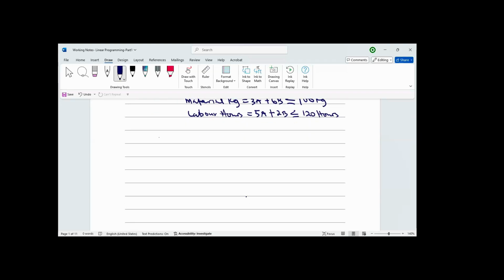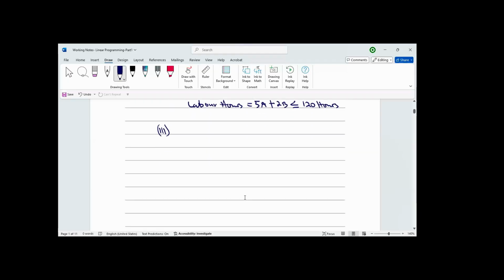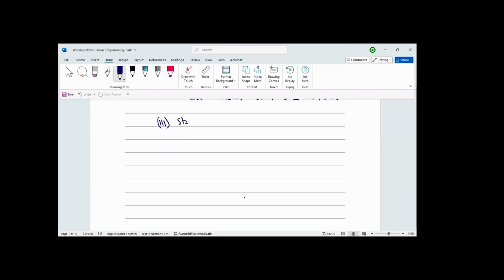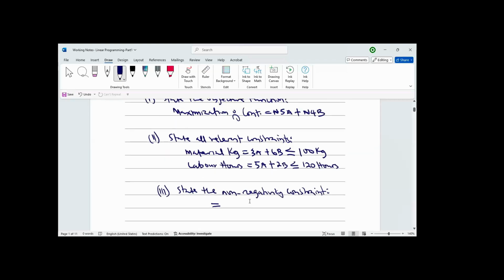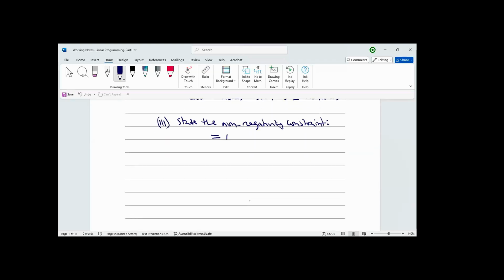Then step 3 of the formulation of a linear programming model is to state the non-negativity constraints, which state that negative output is not permitted. In this case, since we are using product A and B as our example, I can say product A and B must be greater than or equal to 0.